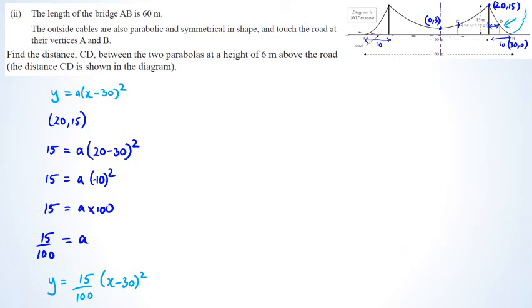So now what it says is that I need the distance CD between the two parabolas at a height of 6. So basically I need to figure out what the coordinates of D are.